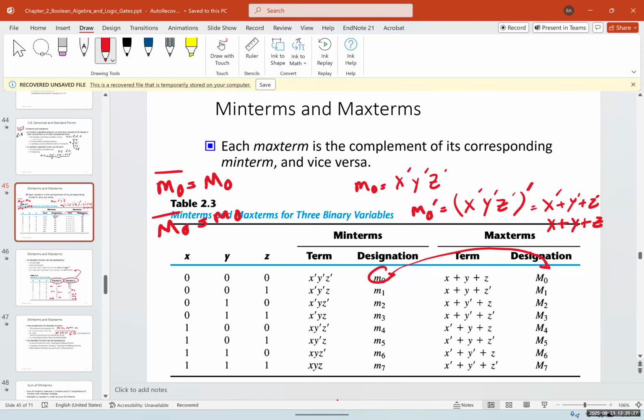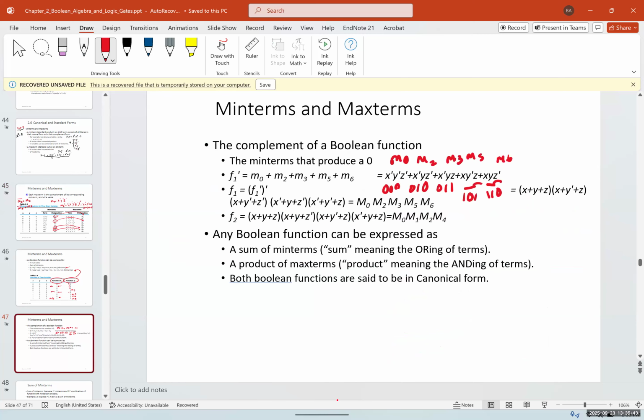So if I have m0 plus m2 plus m5 plus m6, the complement would be capital M0 plus capital M2 plus capital M5 plus capital M6, for example. And we have it here as well. So F1 would be equal to the max term of the same. So same numbers, but this time, instead of having the minterms, we have the maxterms.